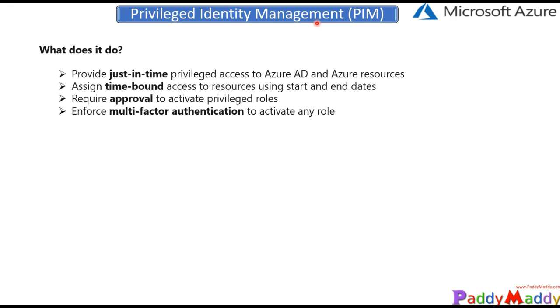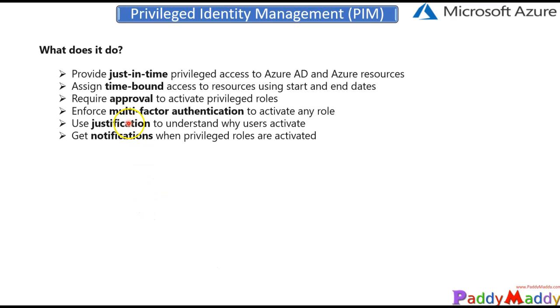So it's not that you are already logged in, and when you request privileged access, it will trigger one more layer of authentication, challenging the user to prove with multi-factor authentication that he is the actual user who is going to perform that specific activity. Users always have to provide a justification for why they are activating, and that needs to be filled. Also, other users get a notification when privileged access roles are activated.